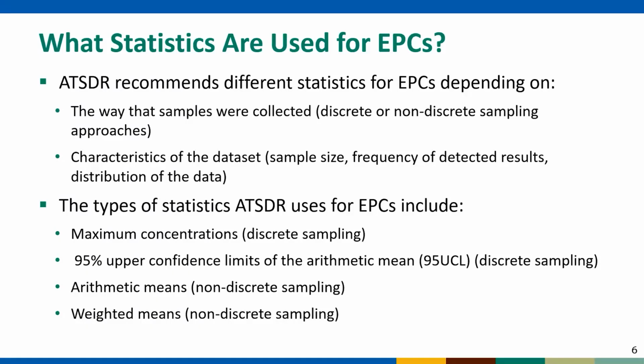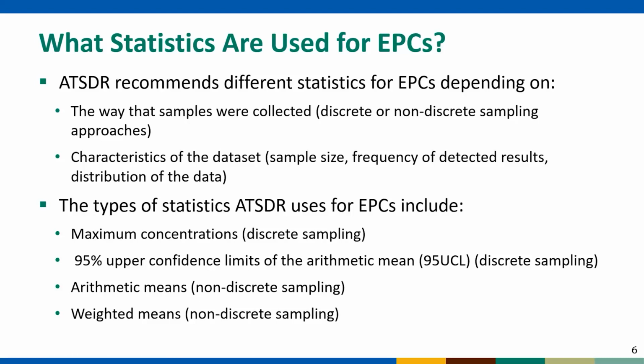So what statistics are used for EPCs? ATSDR recommends different statistics for EPCs depending on the way the samples were collected, discrete versus non-discrete sampling approaches, and the characteristics of the data set being evaluated, which includes sample size, frequency of detected observations, and the distribution of the results.